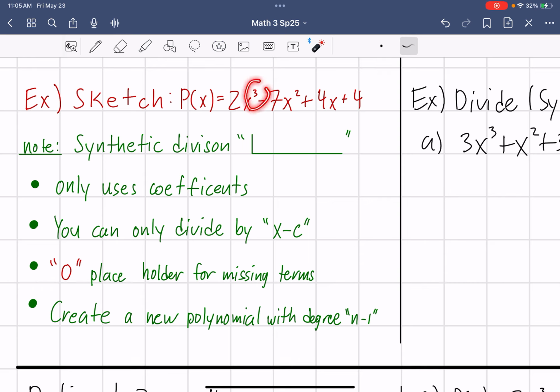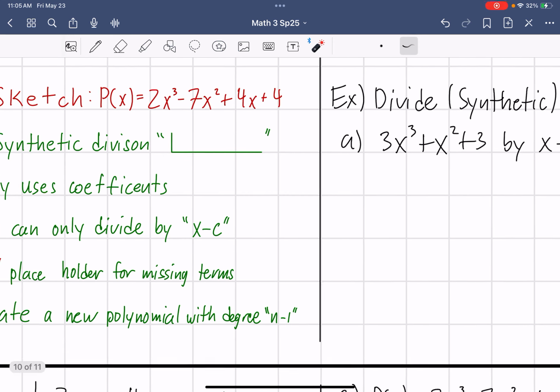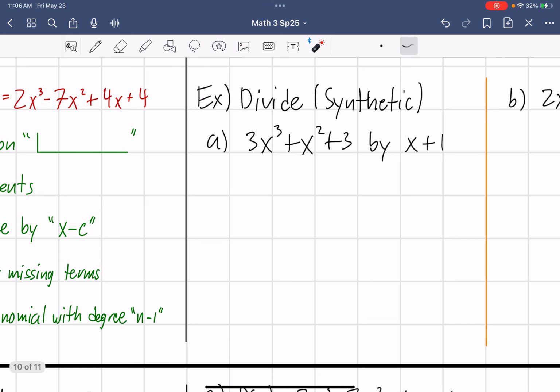But if we were able to decrease this from a power of 3 to a power of 2, we know any quadratic can be solved using the quadratic formula. So we don't have to go all the way 3, 2, 1, decreasing this polynomial. We just need to get down to a quadratic so that we can use our quadratic formula. But let's see an example of how this synthetic division works.